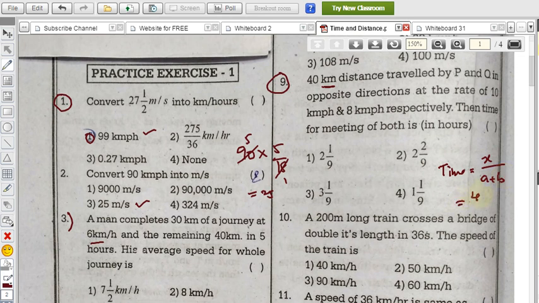So 40 by 10 plus 8, that is 40 by 18, then 20 by 9. 20 by 9 hours, yes, second one, in hours because kilometer per hour. So the option is in hours.